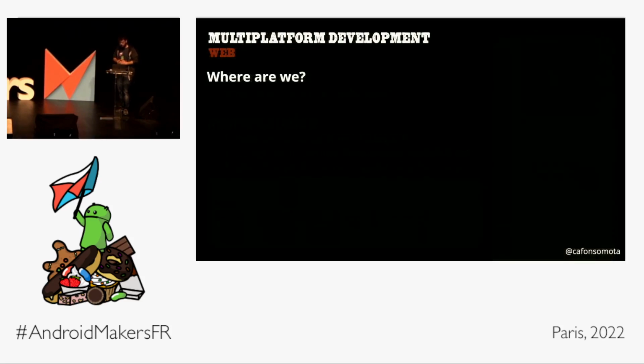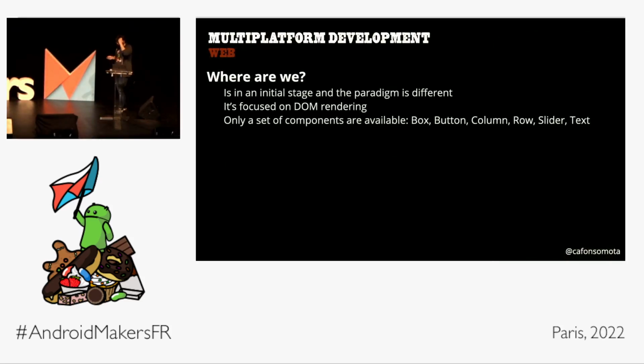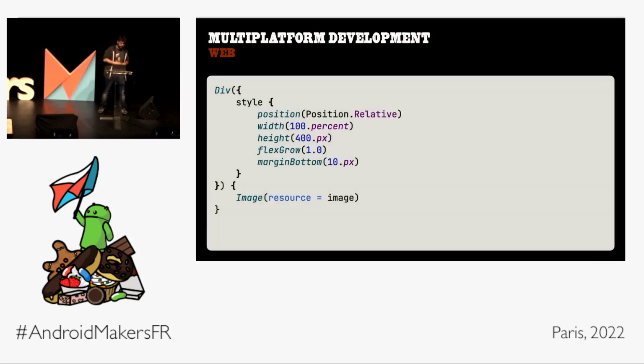I also talked about the web. So where are we at on the web? At what stage? The paradigm here is a bit different. Instead of having all those columns, text, and so on, we still need to use divs. If you look at this code, you might be familiar with it, because it's basically the same thing, or a similar thing, that you do on your web pages, but now with Compose.